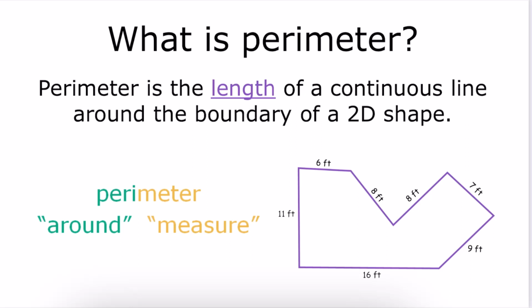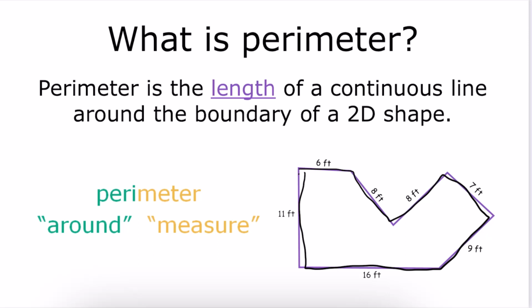And so the perimeter is the measure of the one-dimensional distance around the outside of a shape. The process for finding the perimeter is that you basically just add up all of the side lengths, but it's much more meaningful for students, and they'll understand it much better, if you introduce it as the one-dimensional distance around the outside of a shape.